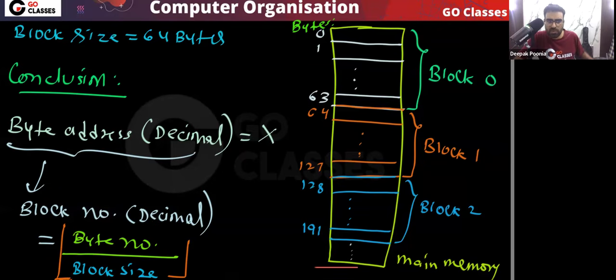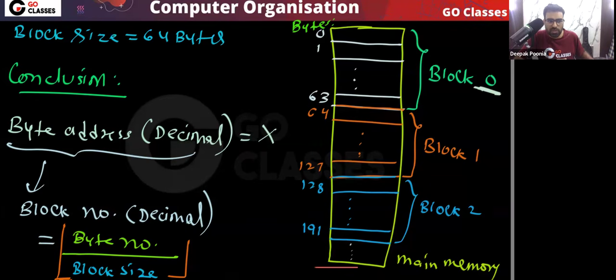You can remember this formula for the future if you want, but it is very important that you understand it, because remember the block number starts from 0, not from 1. The first block is block number 0, the second block is block number 1. That is the reason we are taking this floor. So this is the conclusion.